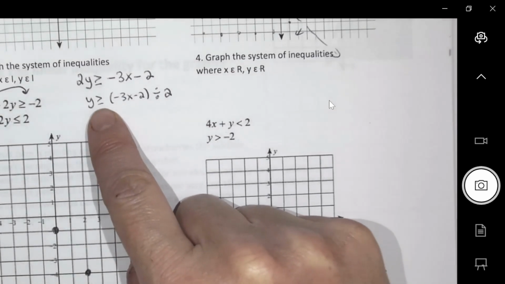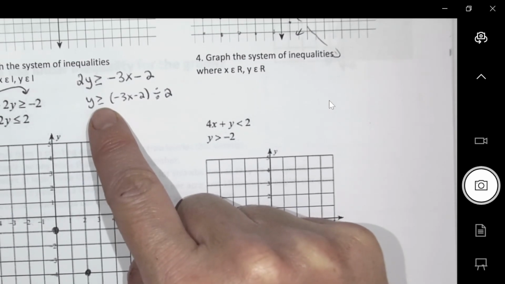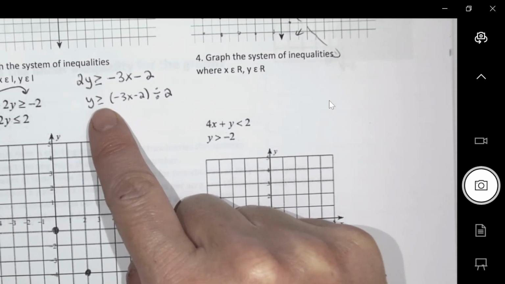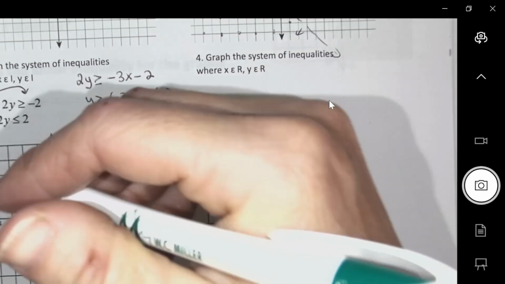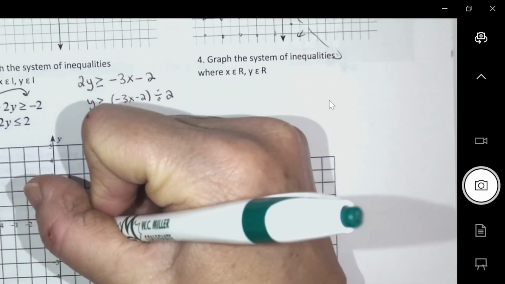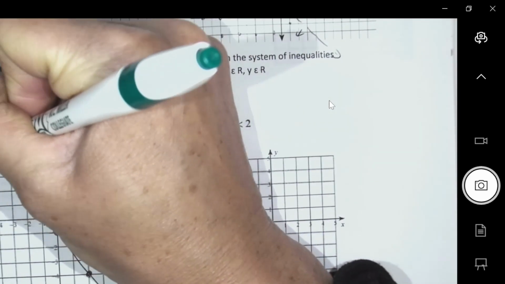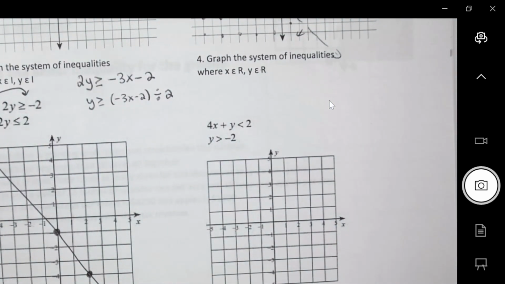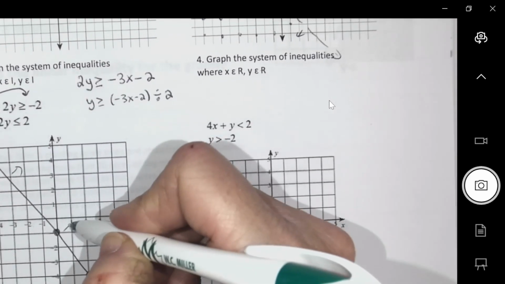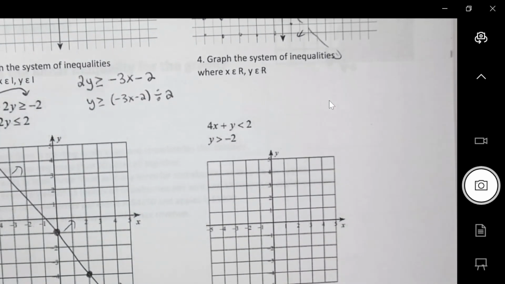The symbol says greater than or equal to, so now I decide if it's going to be solid or dashed. So solid line. And greater than is going to be that direction.